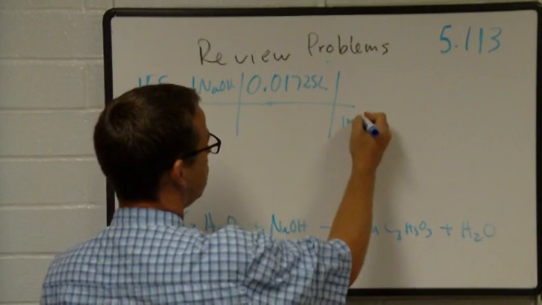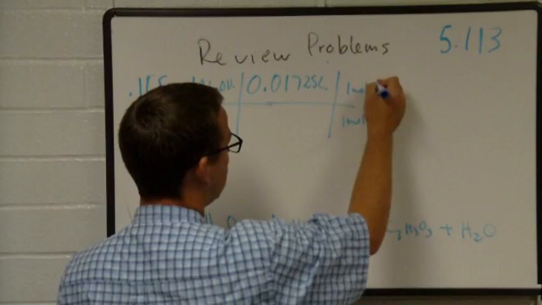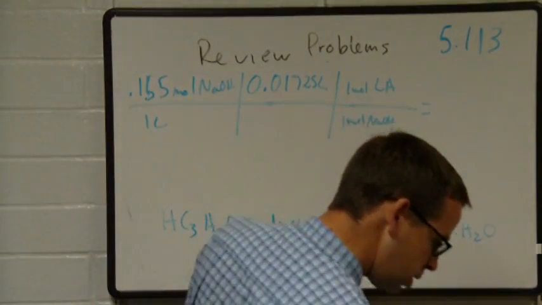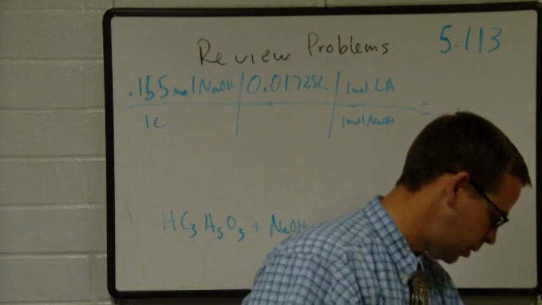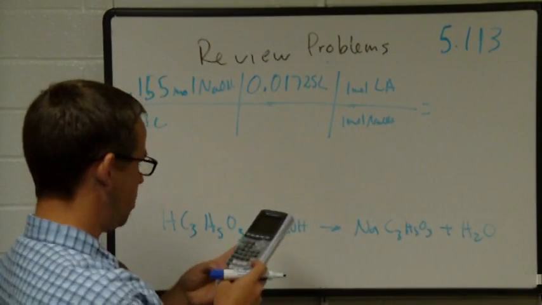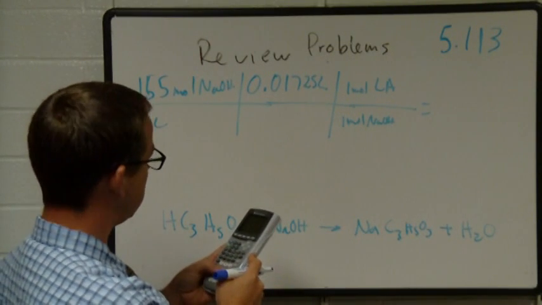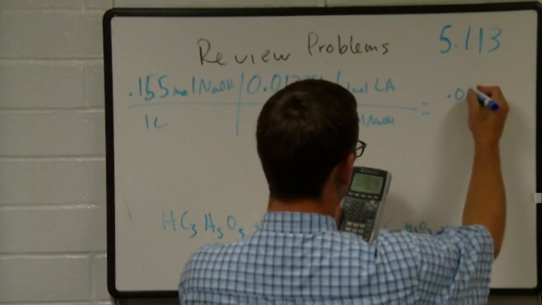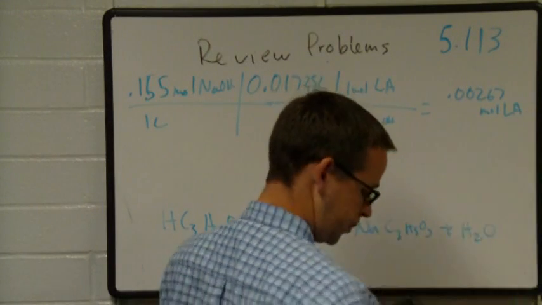For every 1 mole of NaOH, we have 1 mole of, I'll just write La for lactic acid. So I solve this, and that should tell us how many moles of lactic acid were in the sample. So that should be the answer for that one. 0.155 times 0.01725. All right, so I'm getting 0.00267 moles of lactic acid.